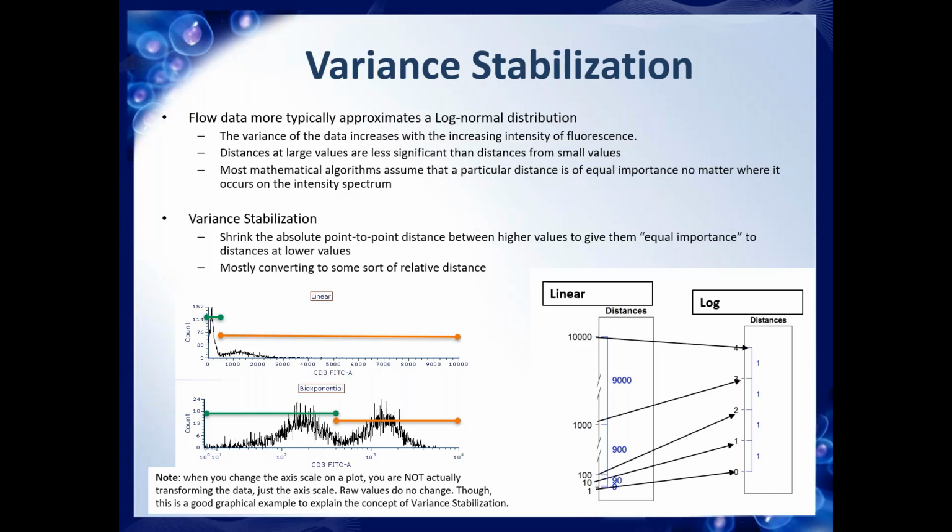This means that if you look at the raw data inside your FCS file, and if you plot, for example, any fluorescence marker, like in this case, you see here I have CD3 FITC, and if you look at the raw data, which means the linear scale, you can clearly see that the positive peak is broader than the negative. Okay, so you see the variance is increasing with the increase of the intensity.